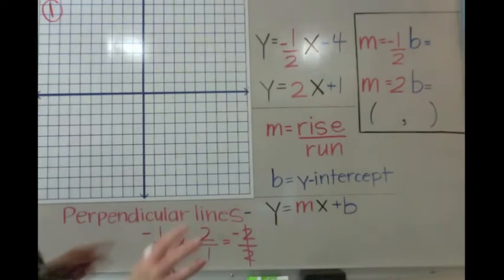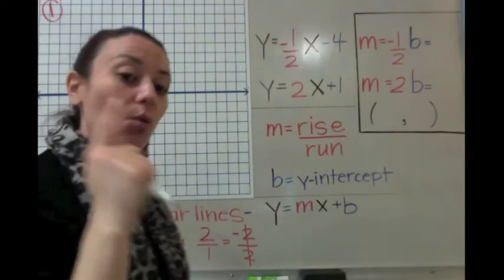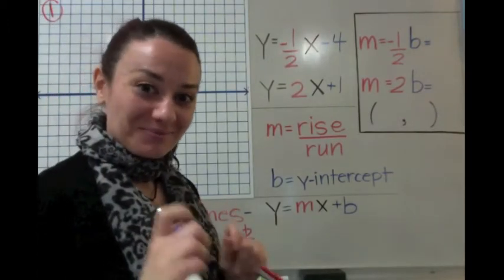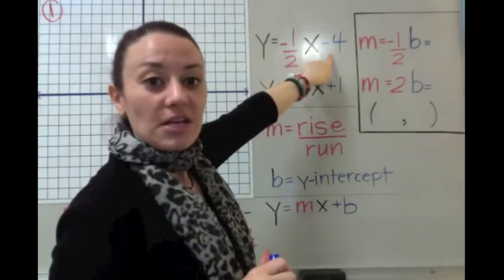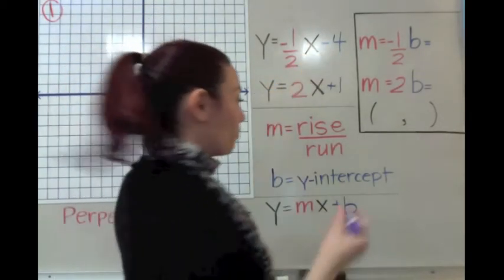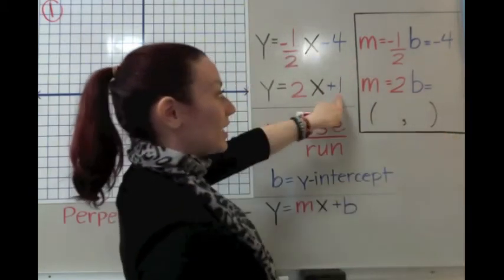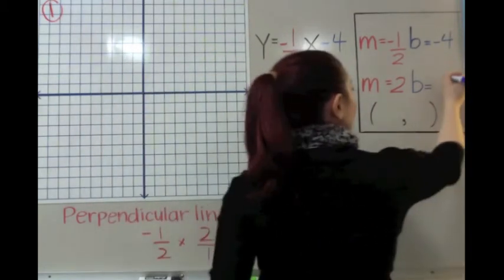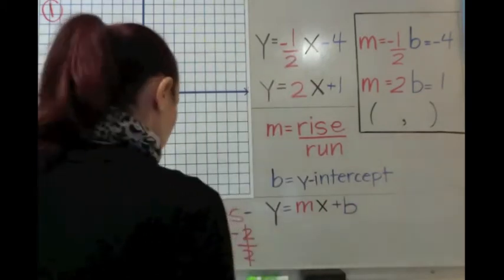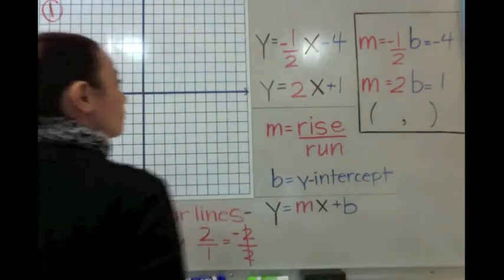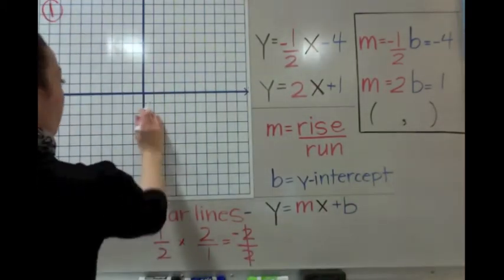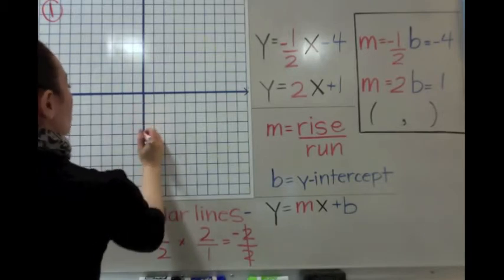So let's go ahead and identify the y-intercepts so that we can graph the line. What's the y-intercept here? It's negative 4. Very good. And the y-intercept in the second line is 1. So let's graph the first line. The first line starts at negative 4. We're going to go to negative 1, 2, 3, 4.